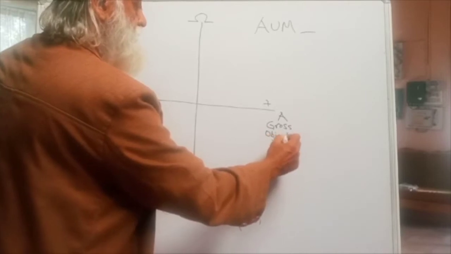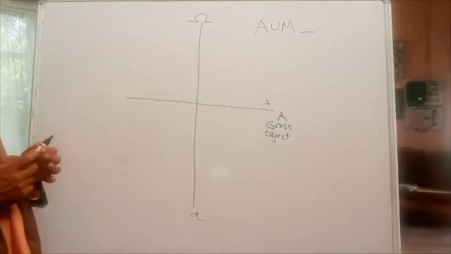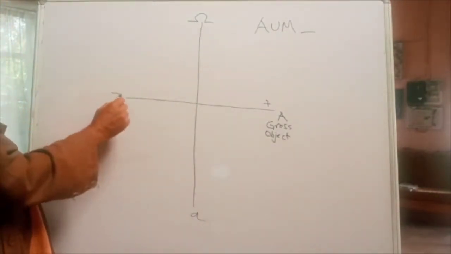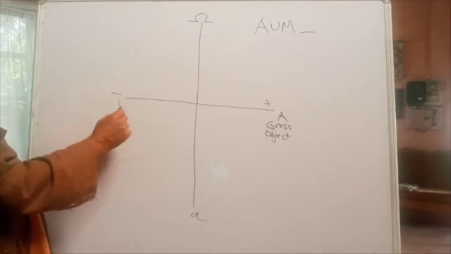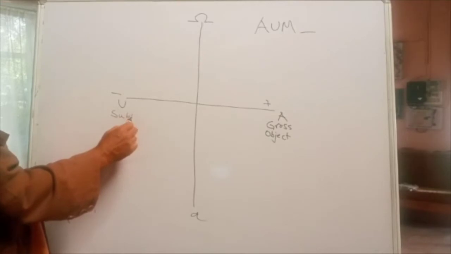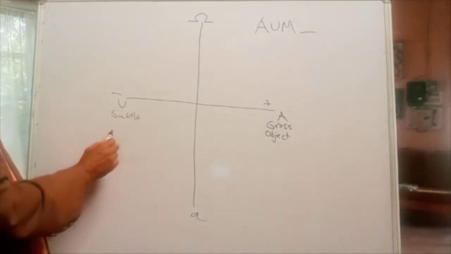The object that we see, the object we experience, that is in the A. Then we have ukara, that is here, that is designated as a minus, U. So that is a subtle. Or subject.